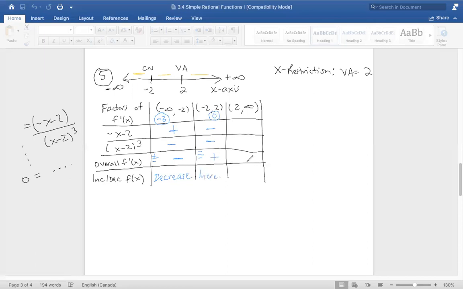If you can't fit it, that's fine, just short form it. And between 2 and infinity, again, I could pick the number 3. Now be careful, this would be a -3 minus 2, so that would be a negative. 3 minus 2 is just 1 cubed, so now I'm positive. So if I have a negative divided by a positive, I'm still going to end up with a negative, and now I'm decreasing.